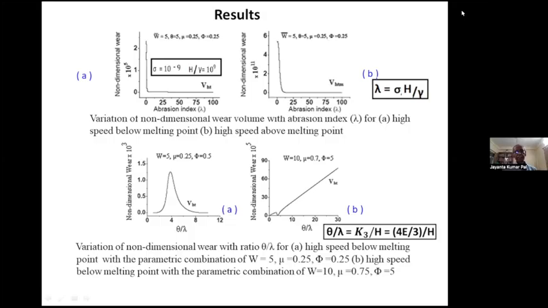Before that is safe, and above that is also safe. This happens for high speed below melting and the low speed below melting.